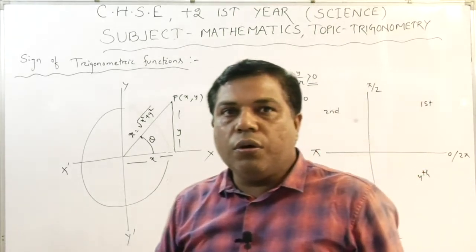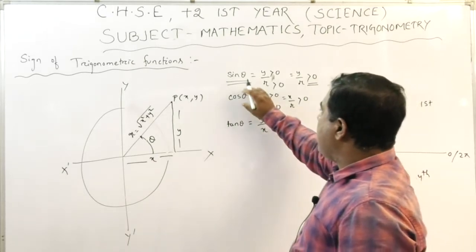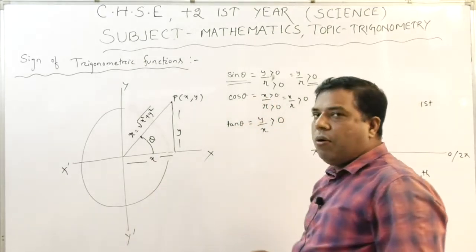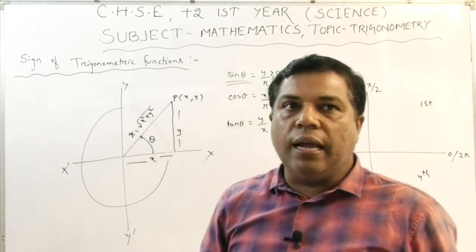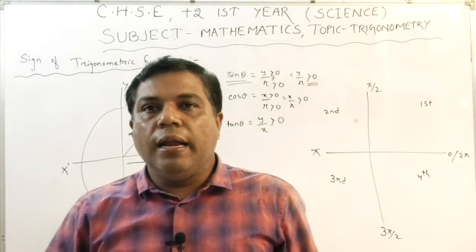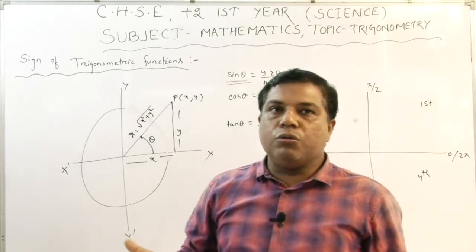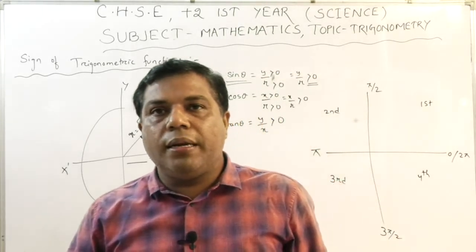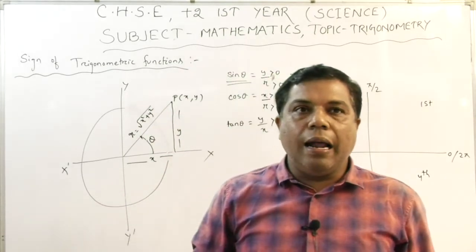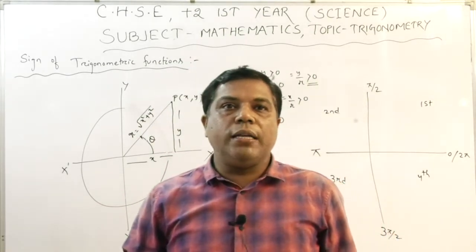So similarly, sin theta, cos theta, tan theta, all three are positive. Their reciprocals, that is cot theta, sec theta and cosec theta, are also positive. That means all trigonometric functions are positive in the first quadrant.